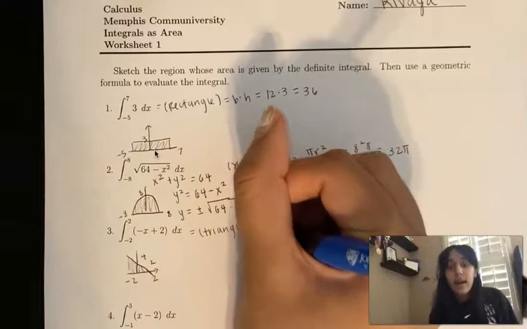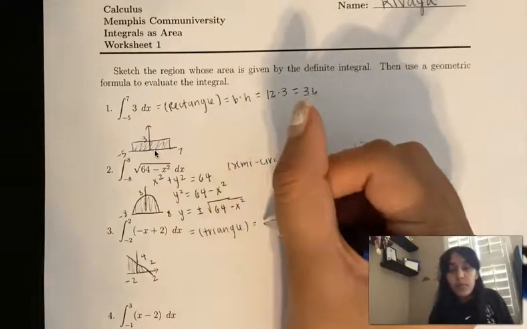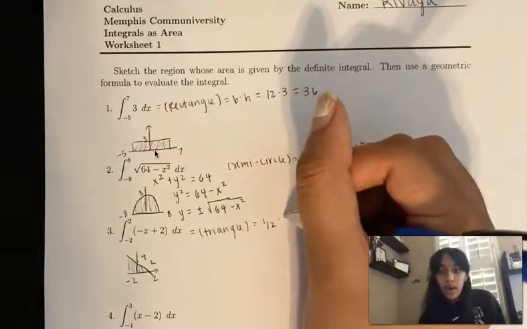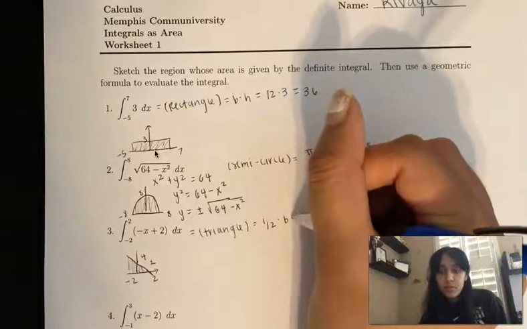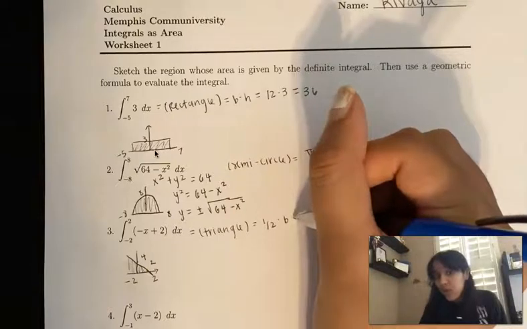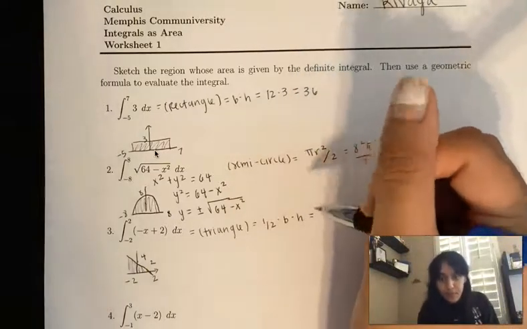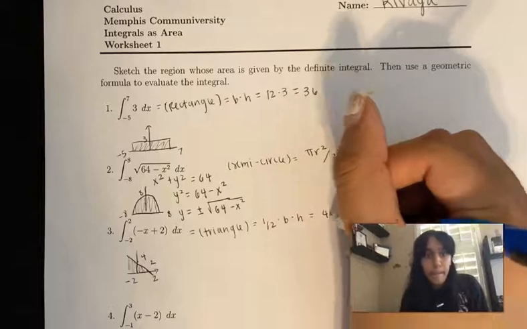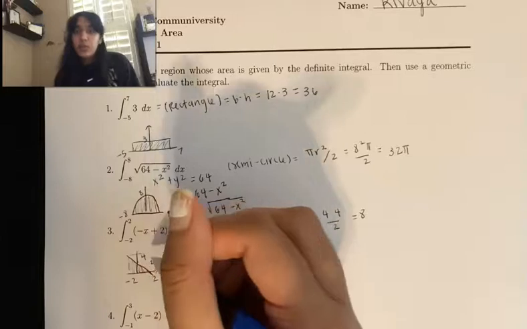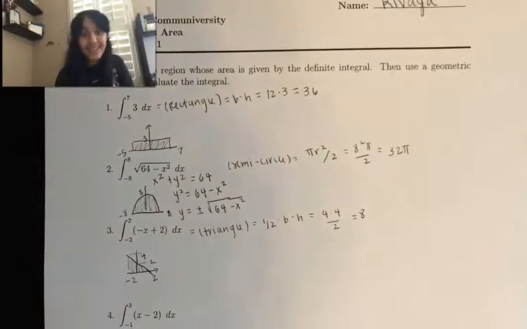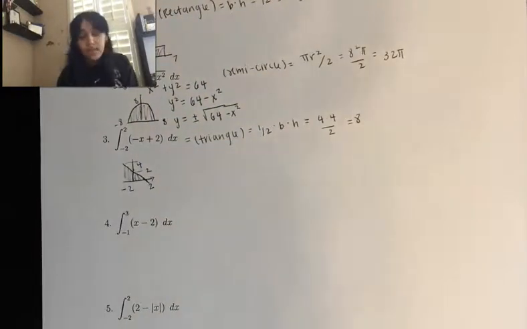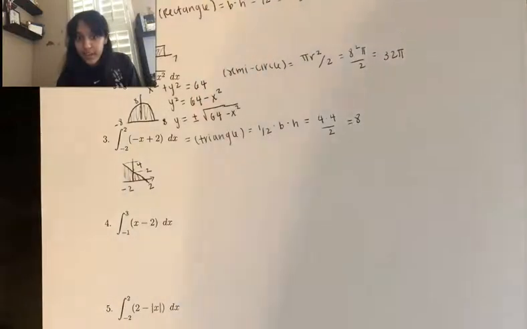So the area for a triangle would be 1/2 times base times height, where your base is going to be 4, and then your height would also be 4. So then you get 4 times 4, 16 over 2, which is 8. So that's your area.